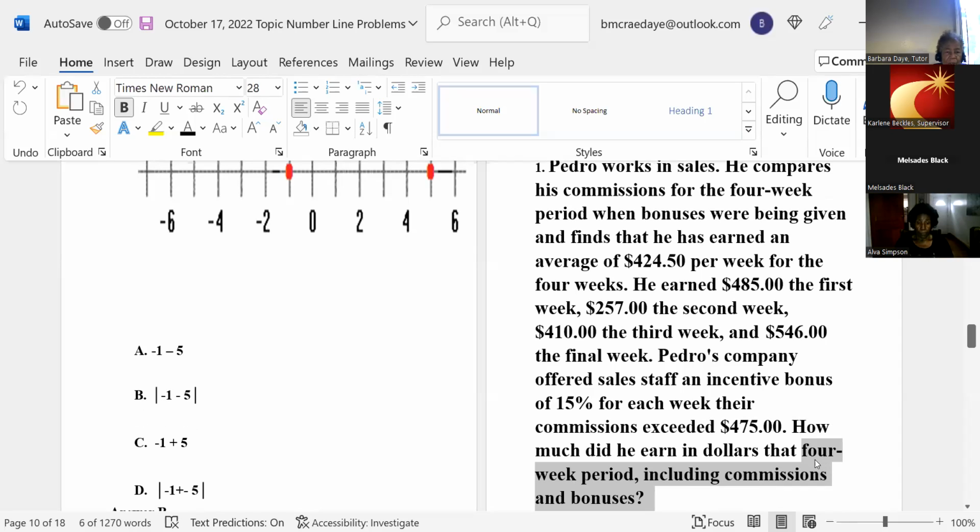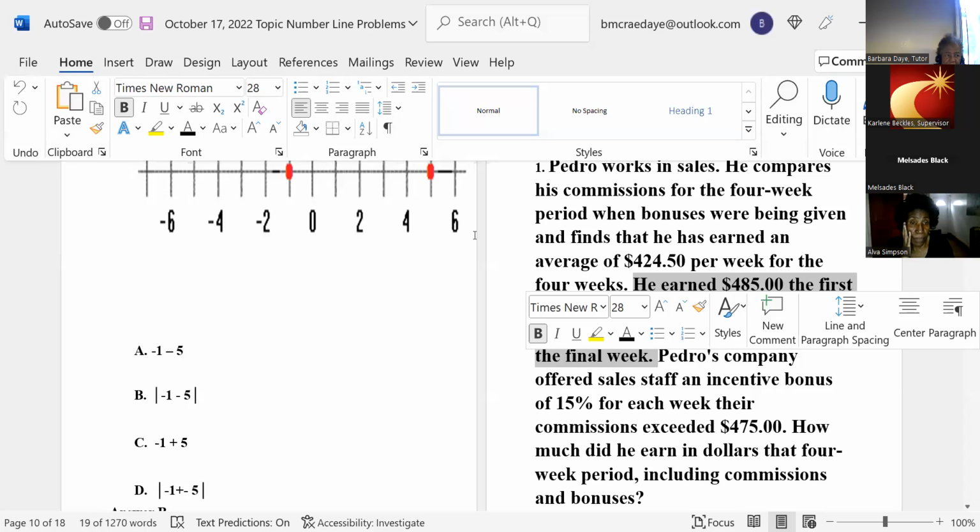Okay, now you need to look at what he earned, right? And pick out the ones where he made more than 475. Those are the ones you would multiply by the 15%. I'm going to underline this here.